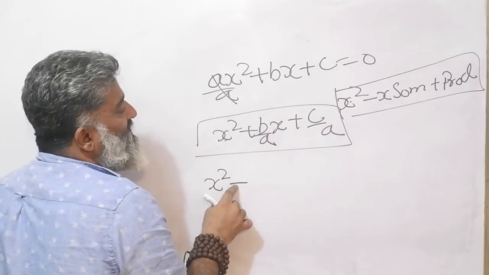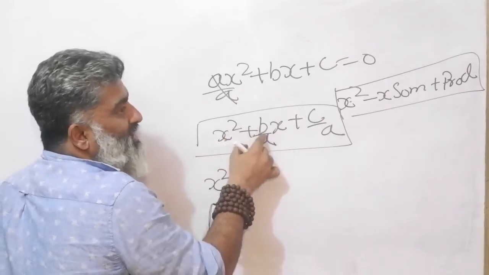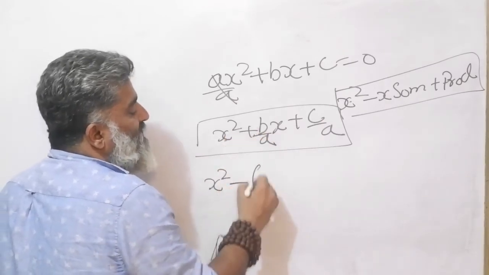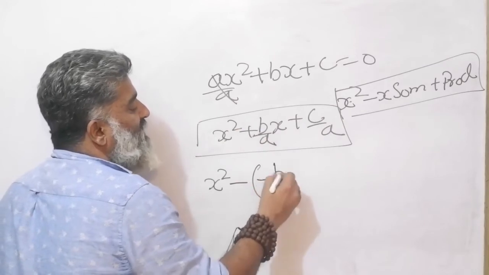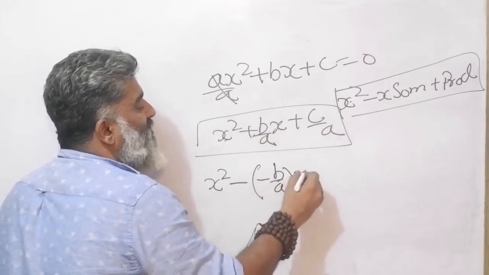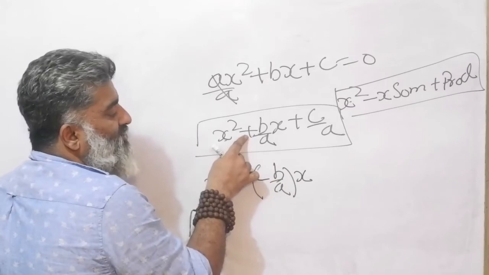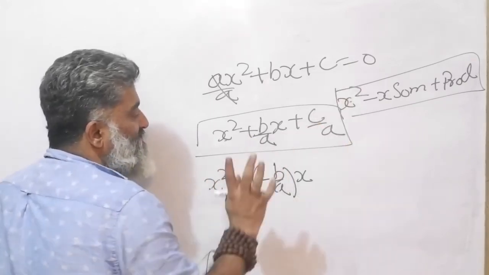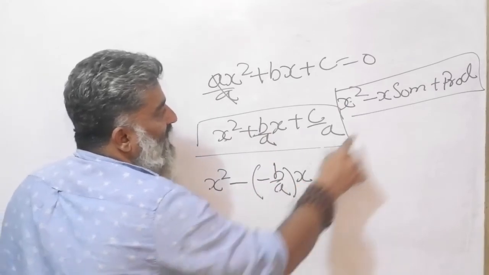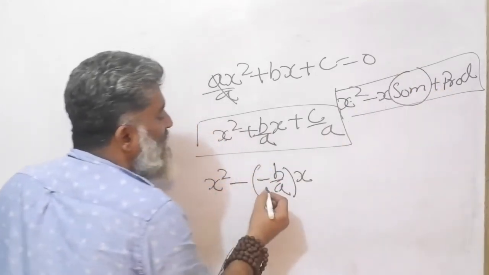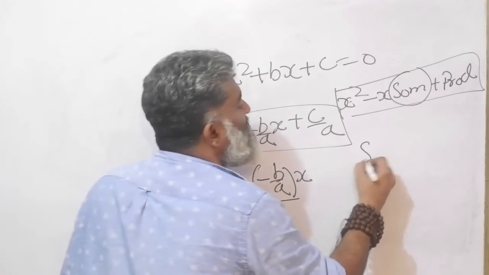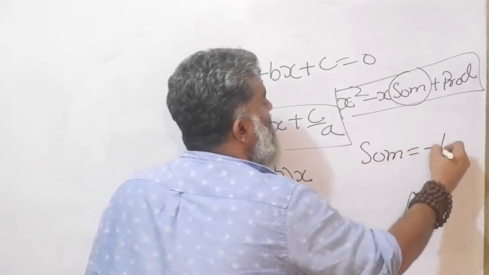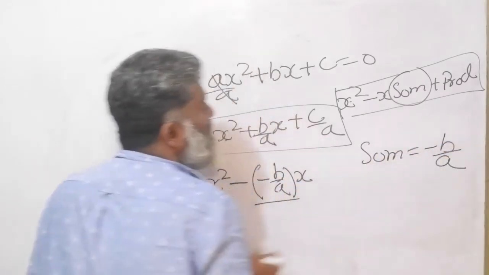I have a minus here, but in this expression I have a plus. So to compensate for that, I need to put the minus inside and write this as minus b by a of x. So this plus is taken care of. And now I see, okay, x square minus minus, same, something into x, and that is the sum. That means this is the sum of the roots. Sum of the roots is minus b by a.